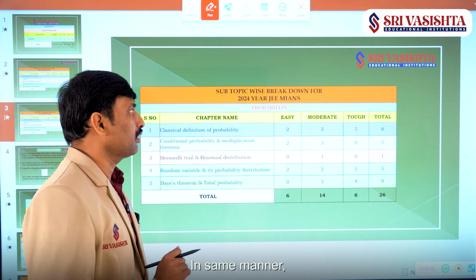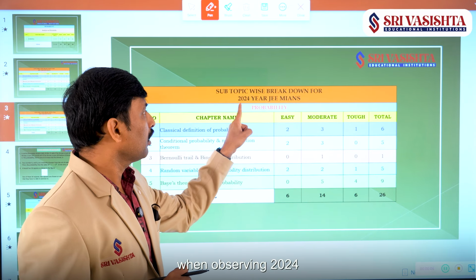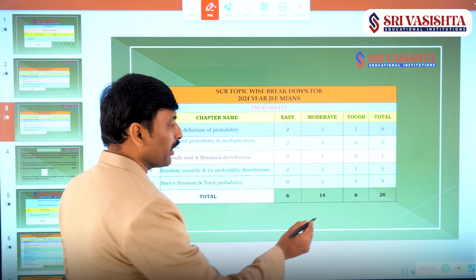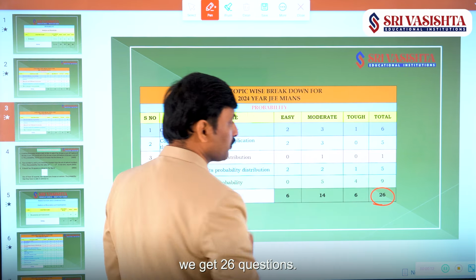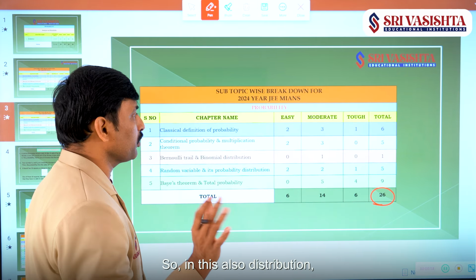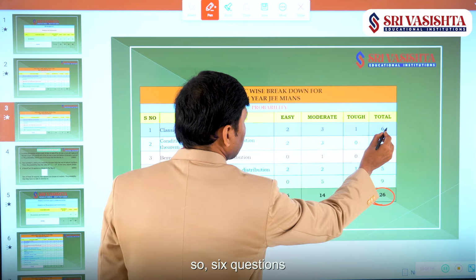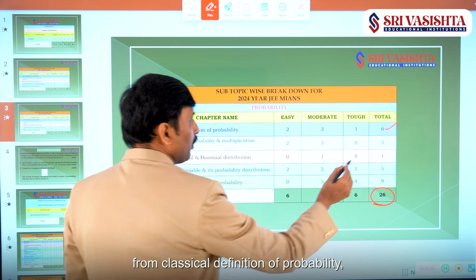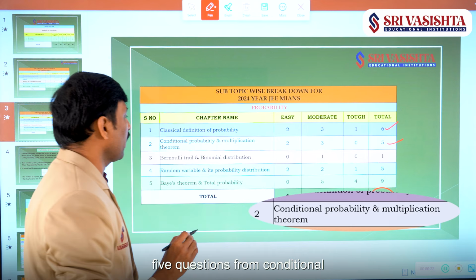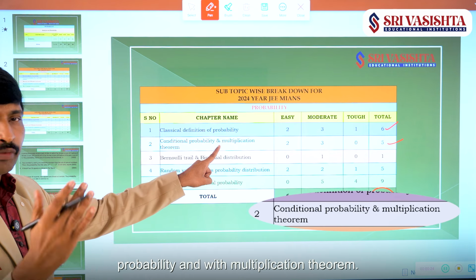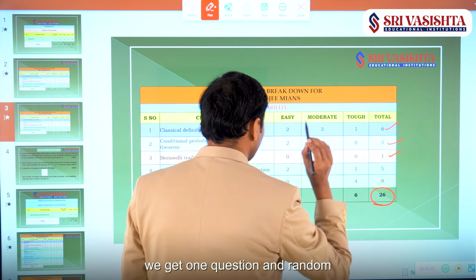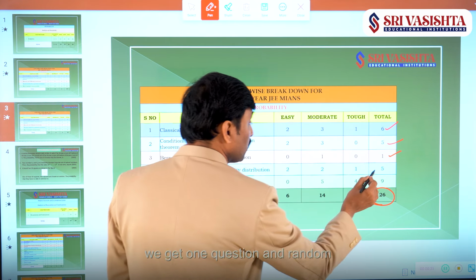In the same manner, observing the year 2024 for the topic probability, we get 26 questions. In this distribution, 6 questions are from the classical definition of probability, 5 questions from conditional probability with the multiplication theorem, 1 question from binomial distribution, and 5 questions on random variables.